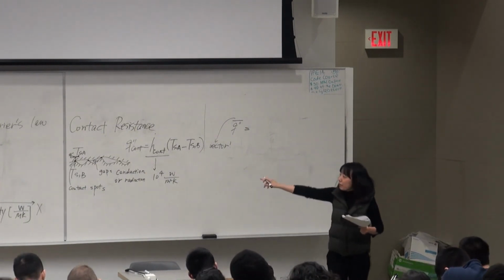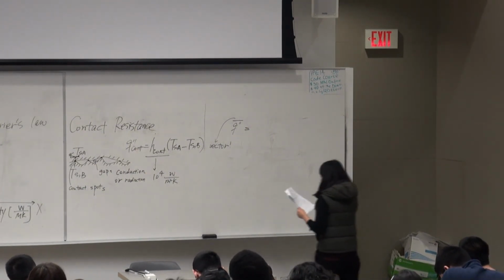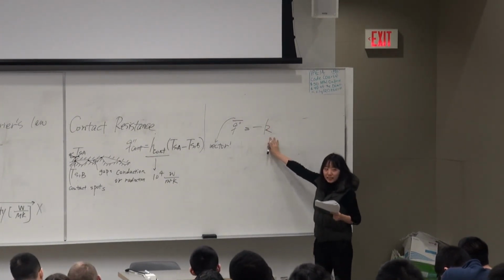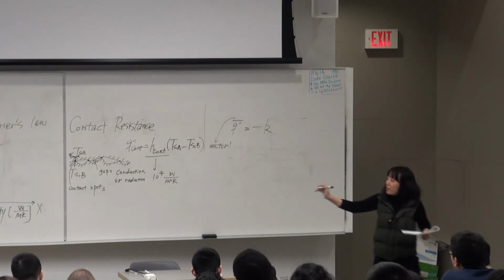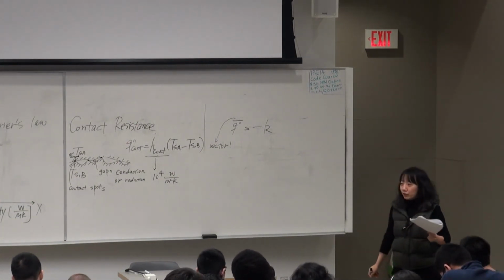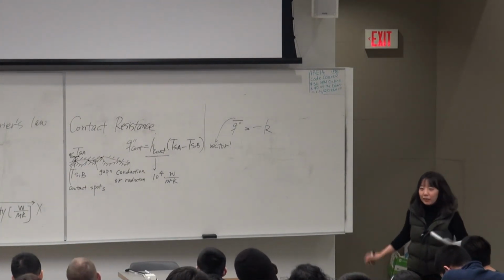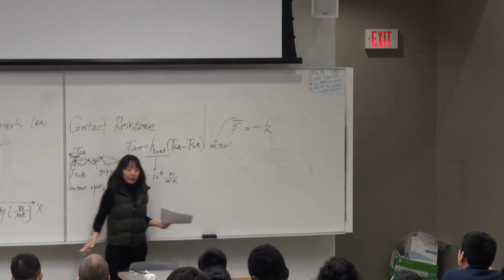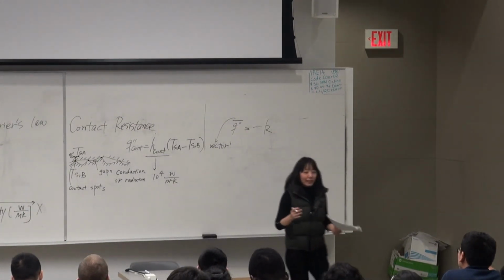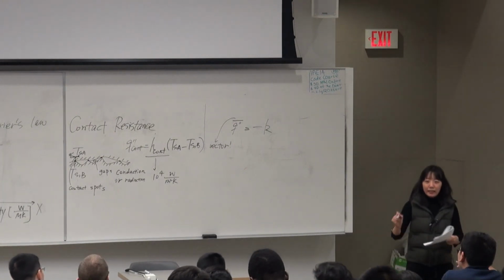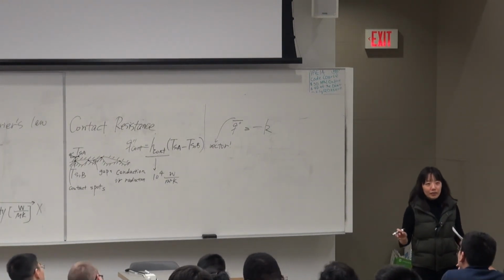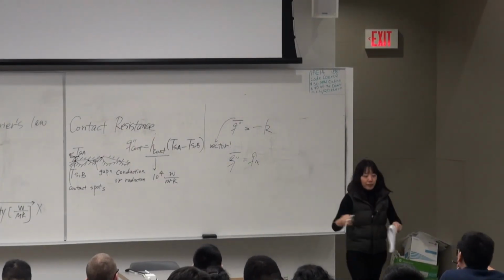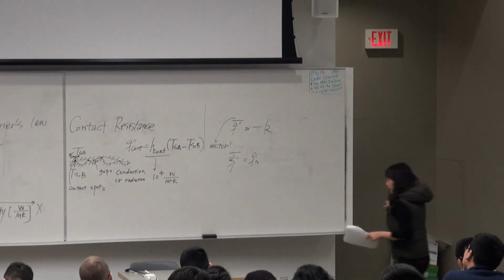And similar to the 1D case, it should be times a minus k, the thermal conductivity here. But how about the temperature gradient? In 1D, we have dT over dx for the temperature gradient. How about for the 3D case? If heat flows in x, y, z, in three dimensions, you can decompose things into three directions.